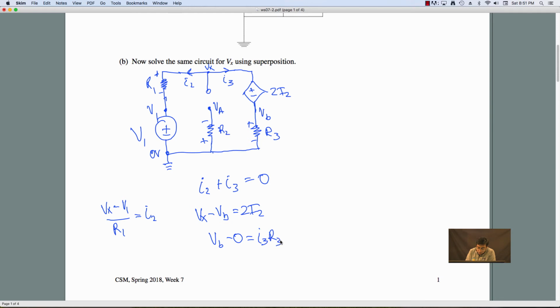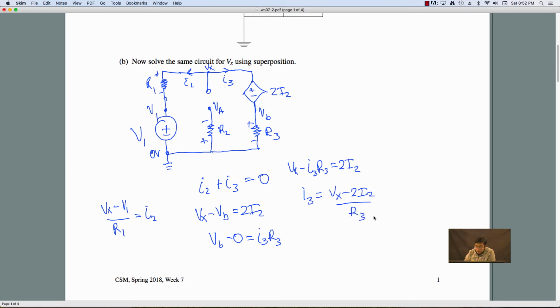Again, reiterating that the current going through R3 is I3, and it's because it's all on the same branch and in series, and so the current will be the same. So we can, now taking this, substitute it back in to see that Vx minus I3R3 is equal to 2I2, which means that I3 is equal to (Vx - 2I2)/R3.